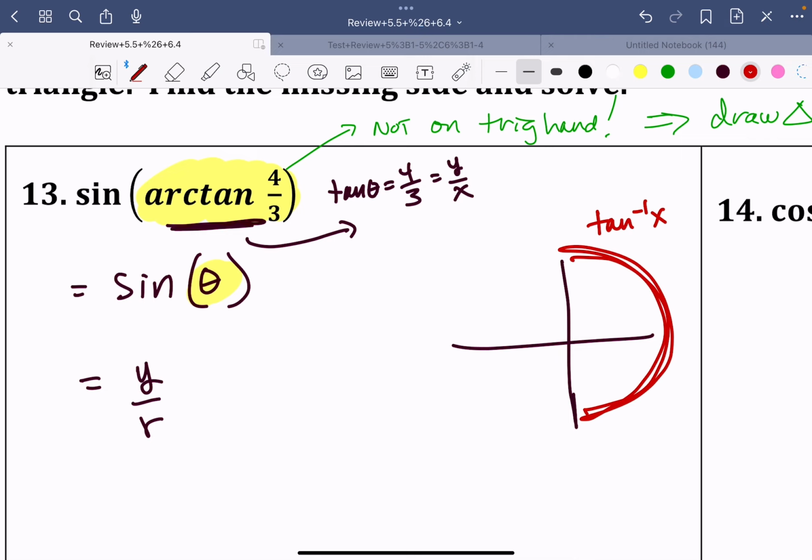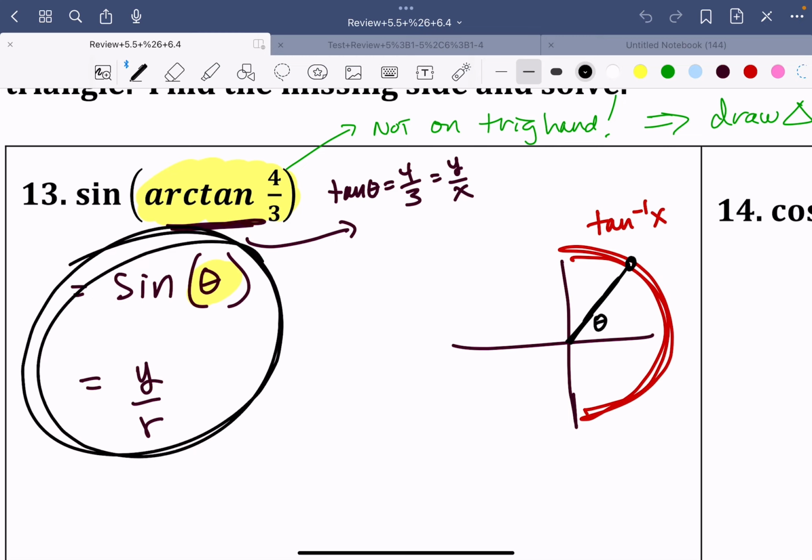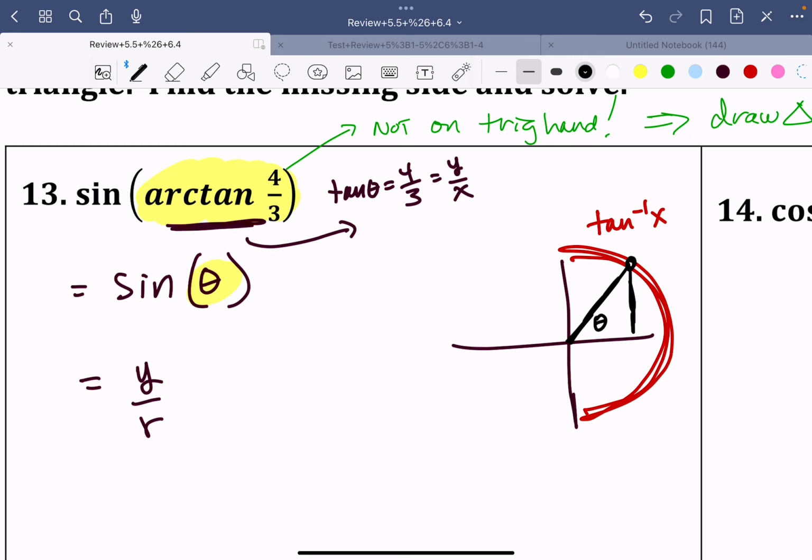So that means I have to be in this quadrant because they're both positive. I can't be in this quadrant where they're both negative. So I have some mystery angle over here, theta, that I need to use to find the sine of theta. But when I draw my triangle, I now have that y is equal to 4, x is equal to 3, and so really my job is to find r.